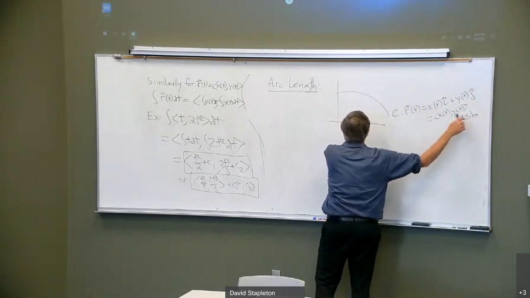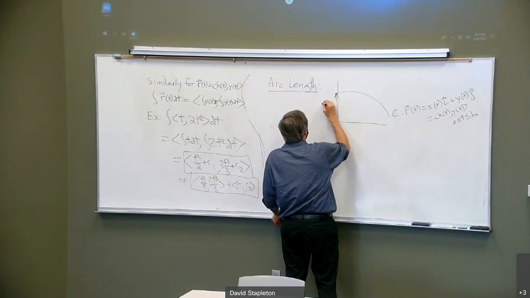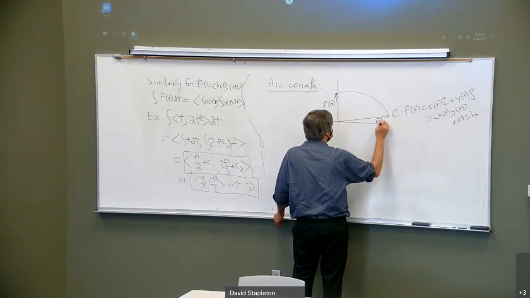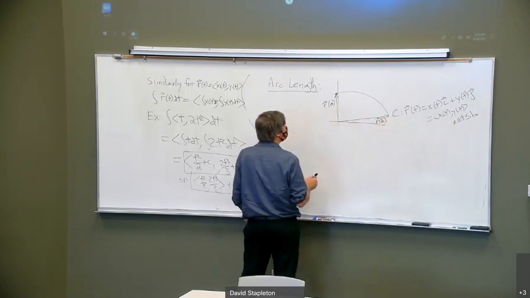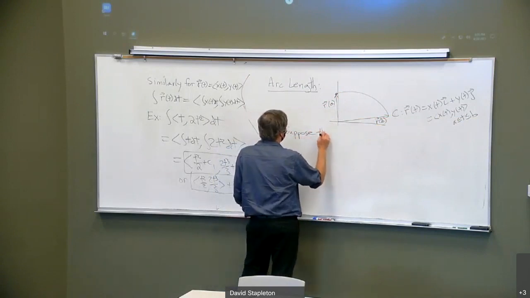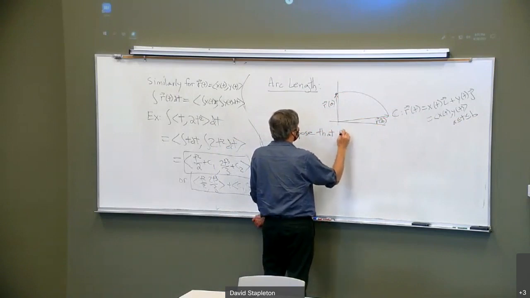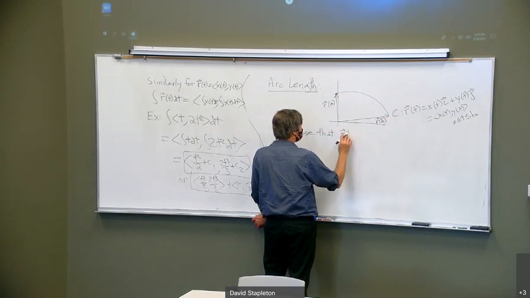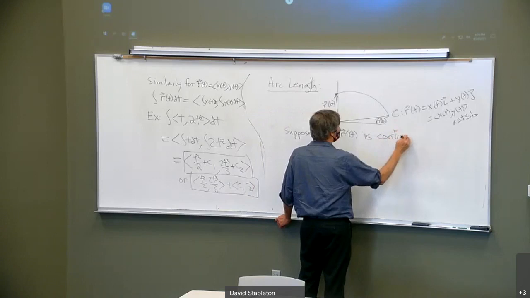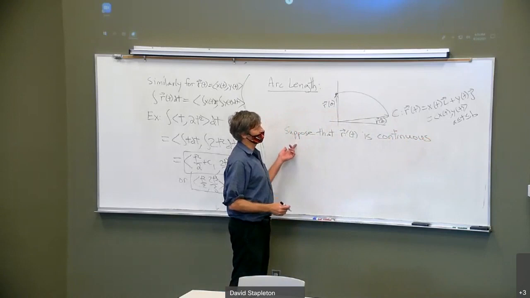But if I go over a finite interval, from R of a over to this vector, R of b, suppose that R prime of t is continuous. Talked about derivative. Continuous just means that each component is continuous.